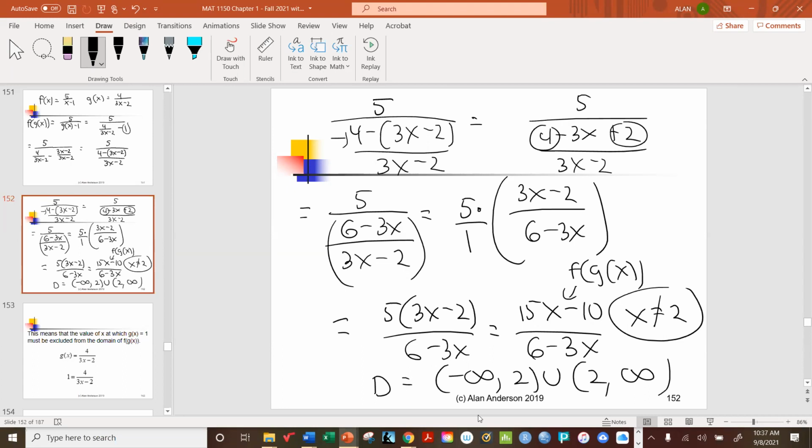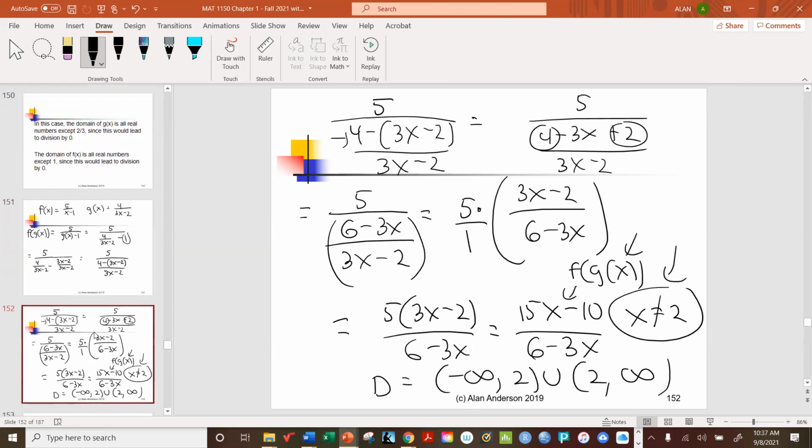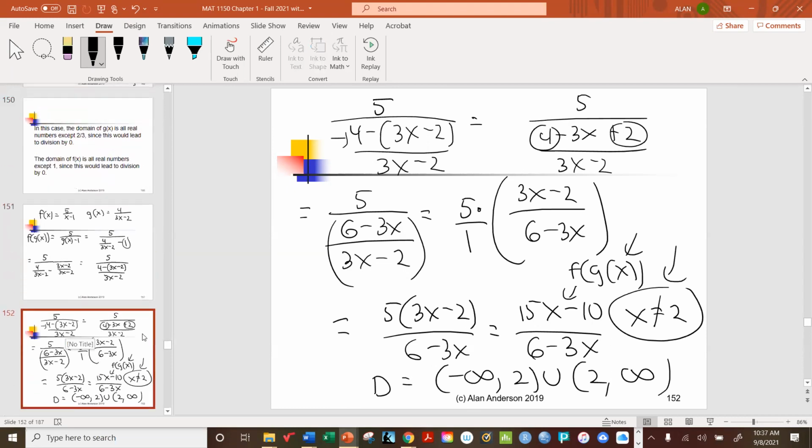Okay, so 2 is disallowed in this composite function because that would lead to division by 0. Now, guess what? All of this work wasn't absolutely necessary. I'll tell you why.